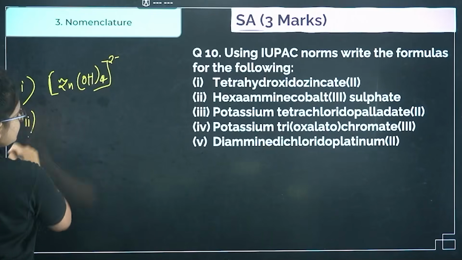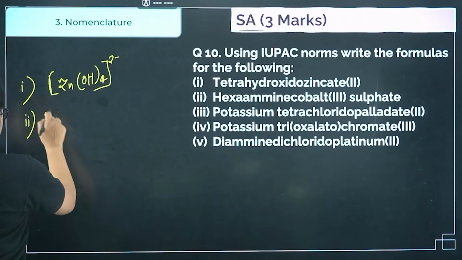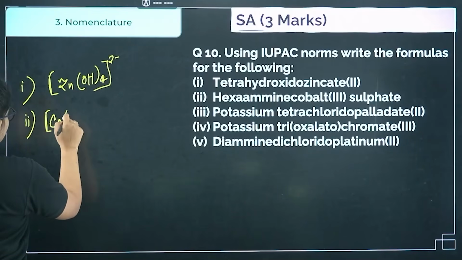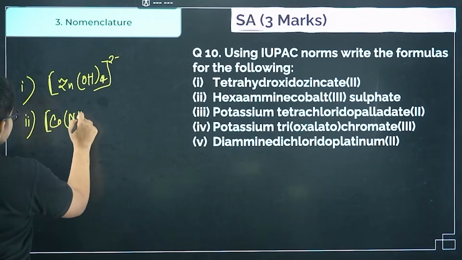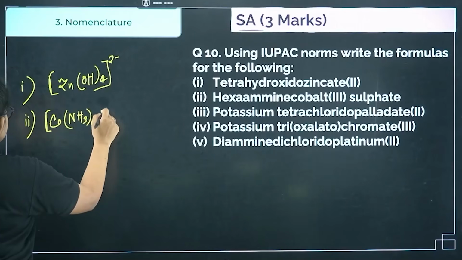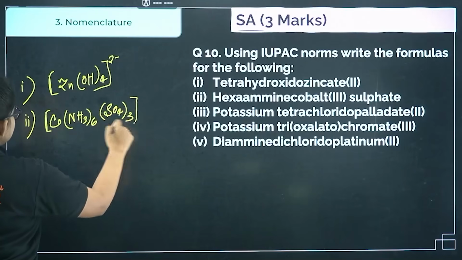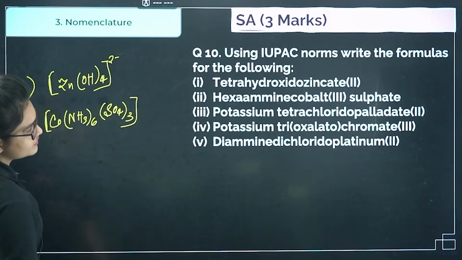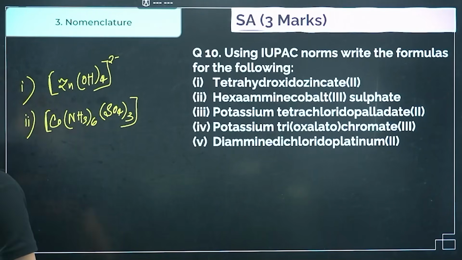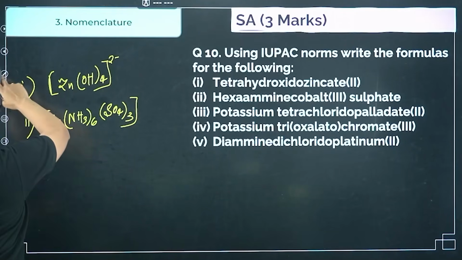Next, hexaamminecobalt(III) sulfate. Okay, so cobalt with hexaammine means 6 ammonia. Okay, and sulfate, 3 sulfate, SO4 3. Okay, by default the oxidation number will come as 3. Okay, next let's proceed. Wait, this sulfate will go outside.